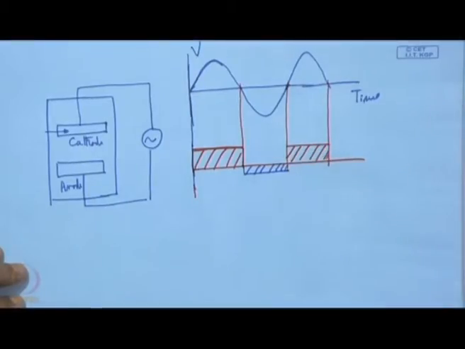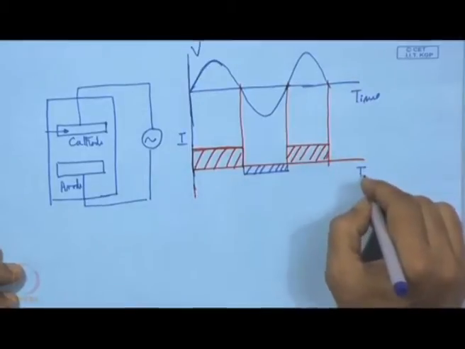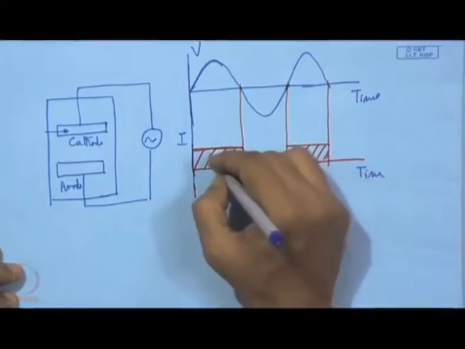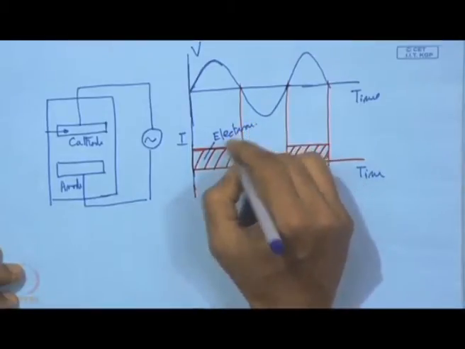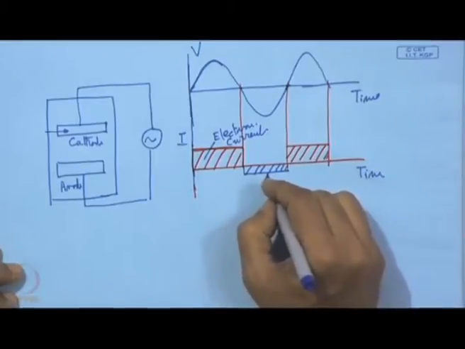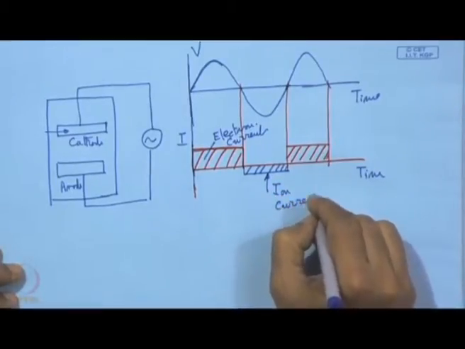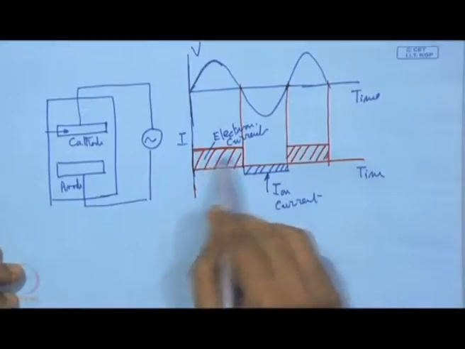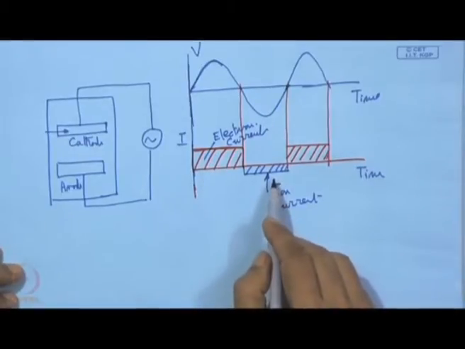So, this will repeat itself, but one thing we can see here, this is current and this is time. So, this is electron current and this is actually ion current. However, what we see here, the magnitude of the electron current is higher than that of the ion current.